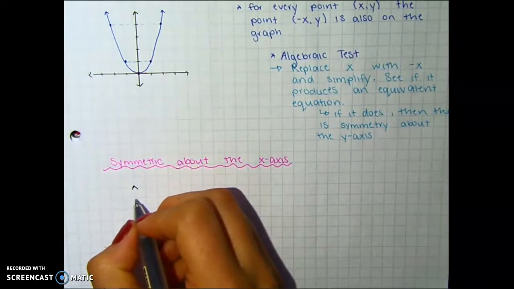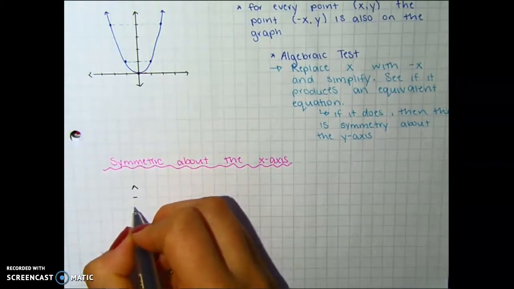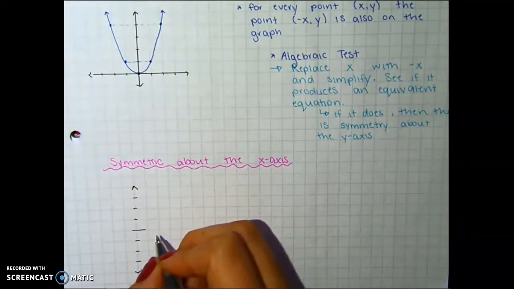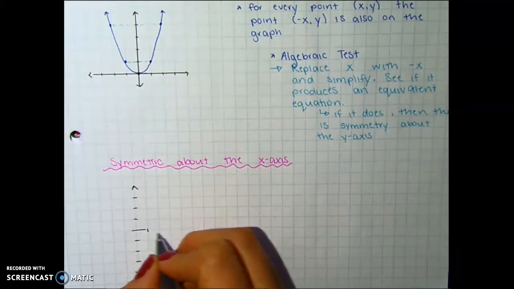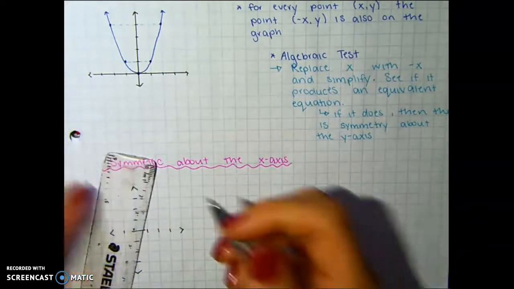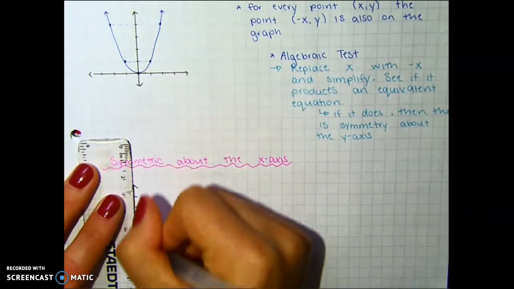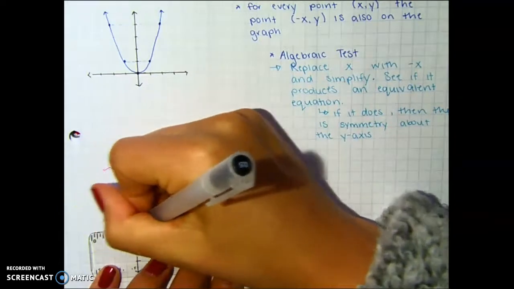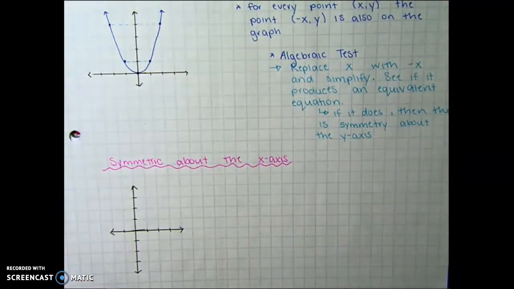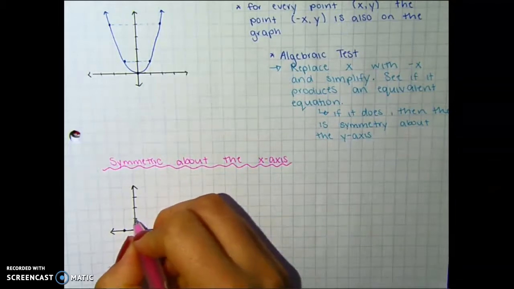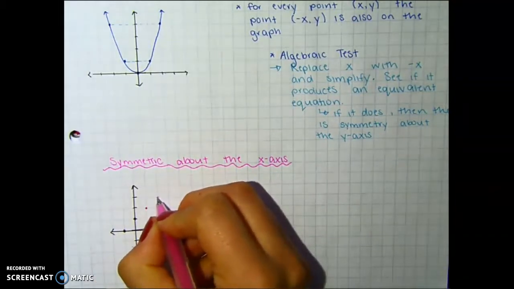I'm going to go up to 3 this time, and down to negative 3, and then up to positive 3 as well. Alright, so symmetry about the x-axis will look something like this. I'm going to make like a rotated absolute value function.